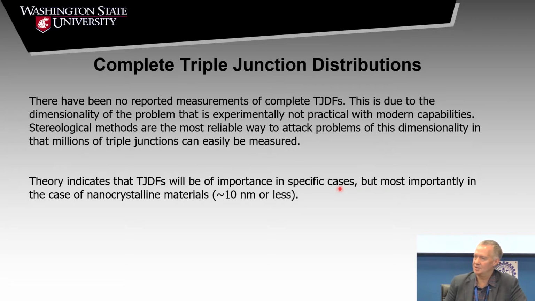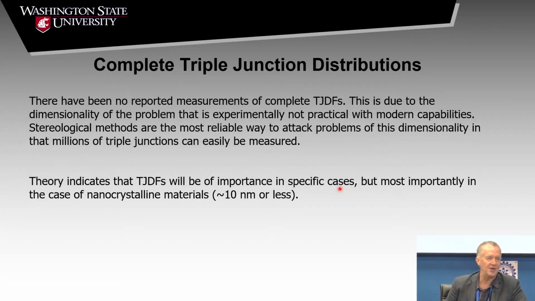No reported measurements of complete triple junction distribution functions. Nobody's ever claimed they've measured one in 11 dimensions. Maybe we can figure something out if we reduce the space either by 3 parameters or by 5 parameters like we've talked about.